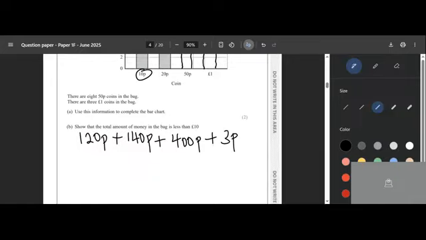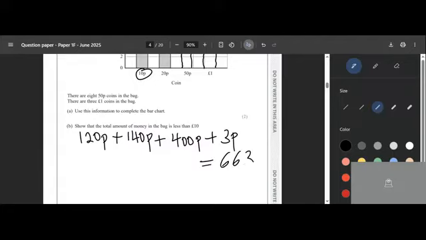If you add the total, you have 120 added together with the 140. This gives us 260. If I add 400, it gives me 660, plus 3 gives me a total of 663 pence.